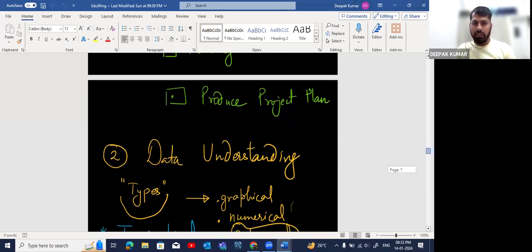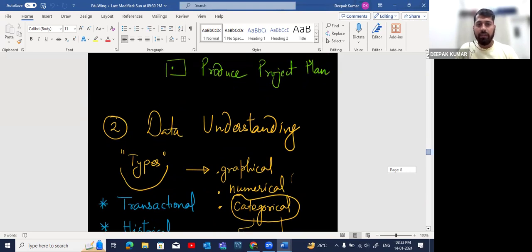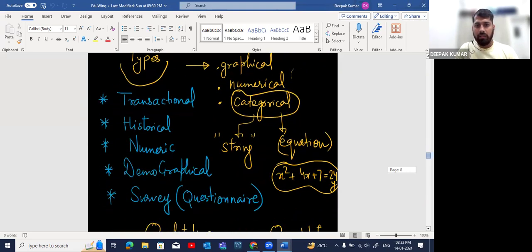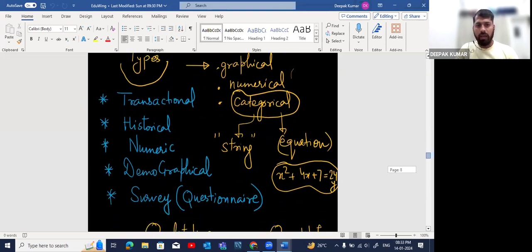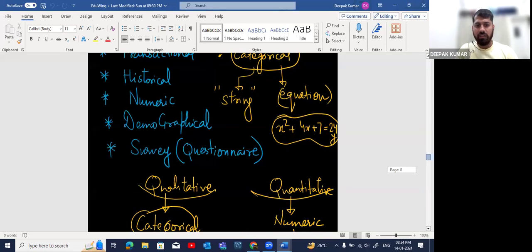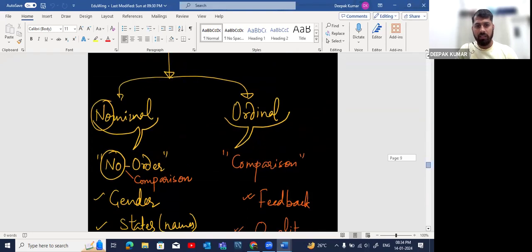After that, we try to understand the data and its type that we are going to use for the business objectives to be attained. Graphical, numerical, categorical, string, historical, demographic, questionnaire-based, transactional, and many more types we continued in the last class.